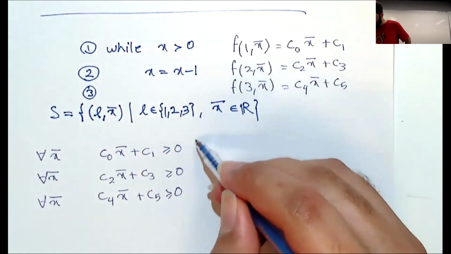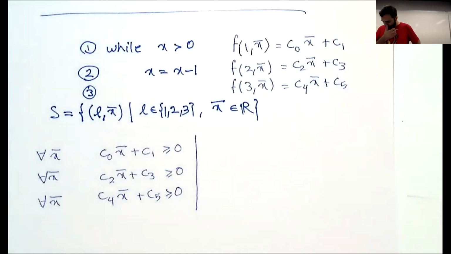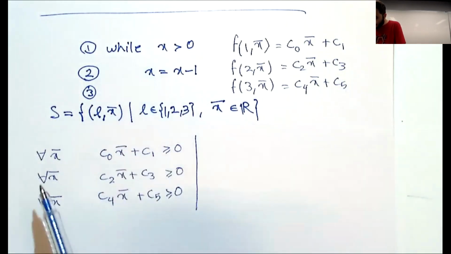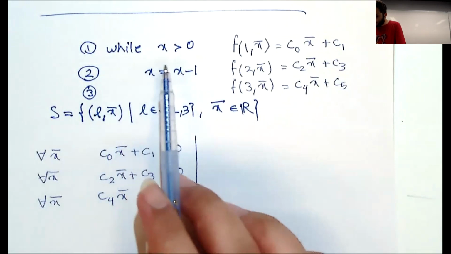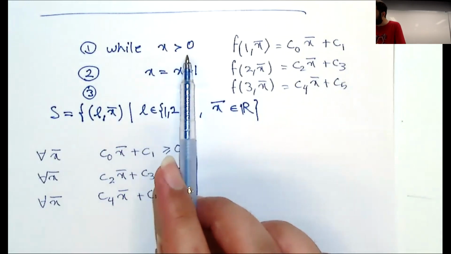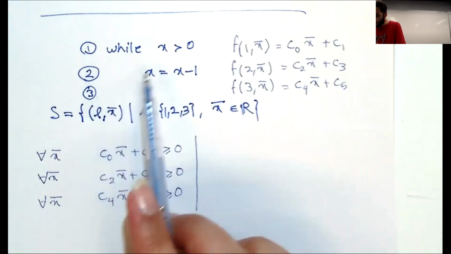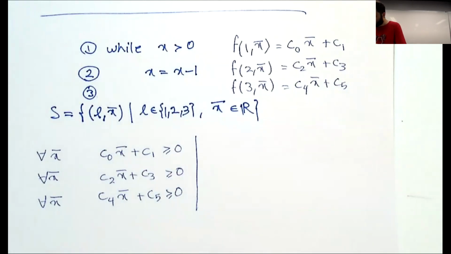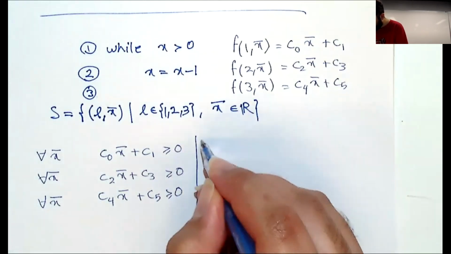We also need that our value decreases every time we take a step in the program, right? So when I'm at line 1, what happens? I can either go to line 2 if x is greater than 0, or I can go to line 3 if x is not greater than 0. So what I need is this.